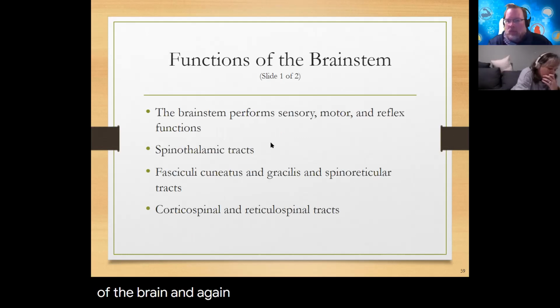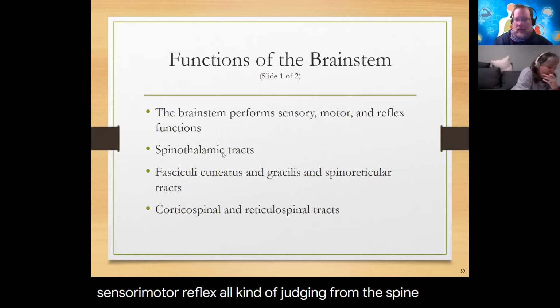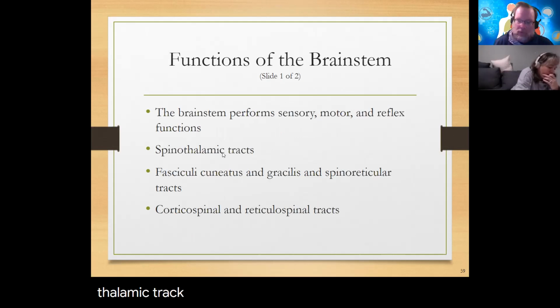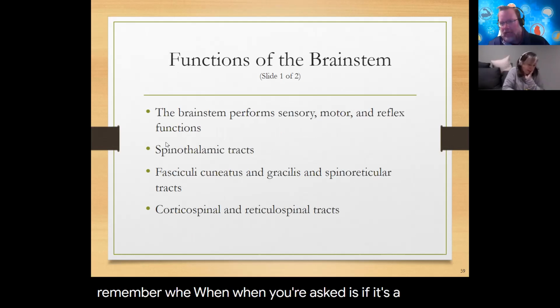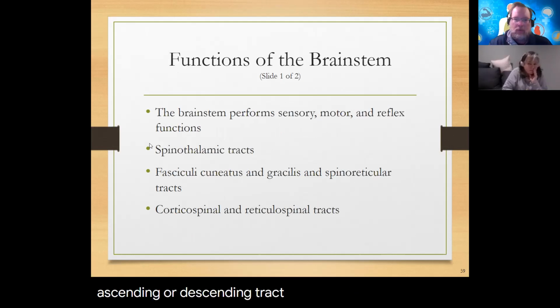And again, what are the functions of the brain stem? Collectively, this is where we see sensory, motor, and reflex all converging from the spinothalamic tracts, those ascending tracts. Remember, when you're asked whether it's an ascending or descending tract, we simply look at the beginning or the end of the word for our clue.